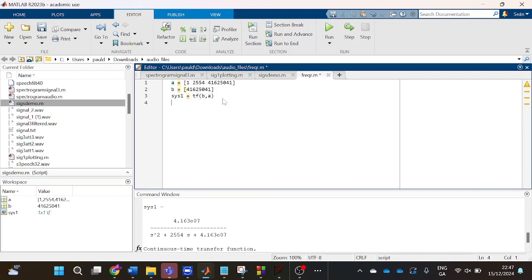So furthermore, what we can do is we can get the frequency response of this by just going plot FFT and then the step response of this.